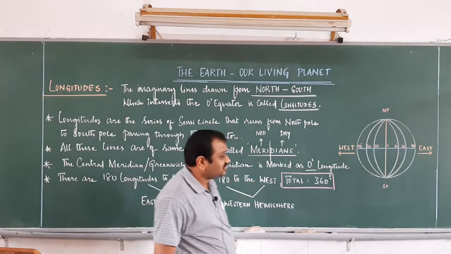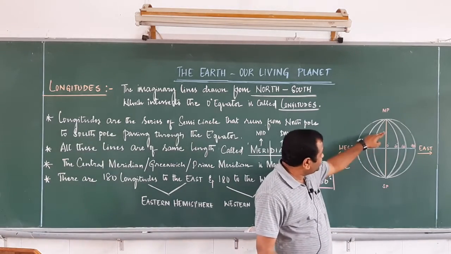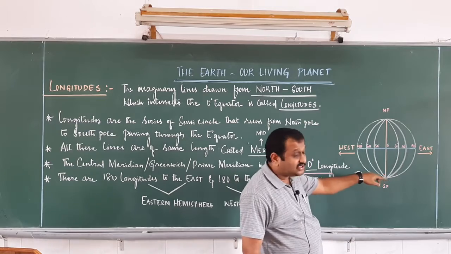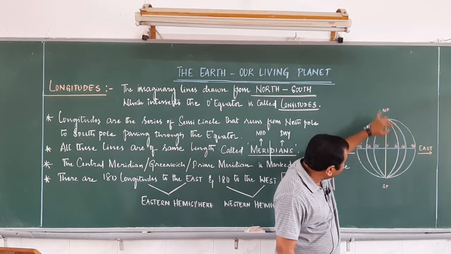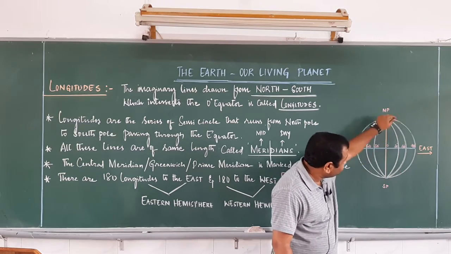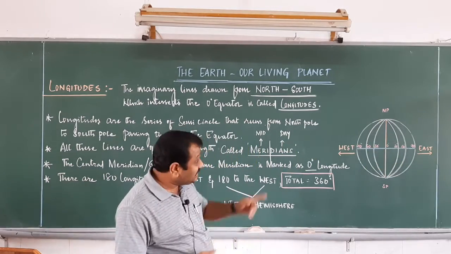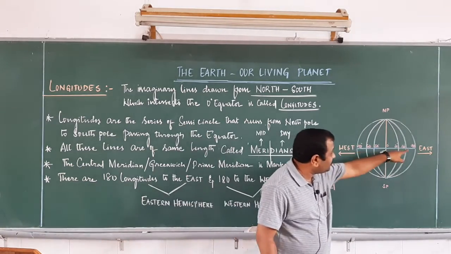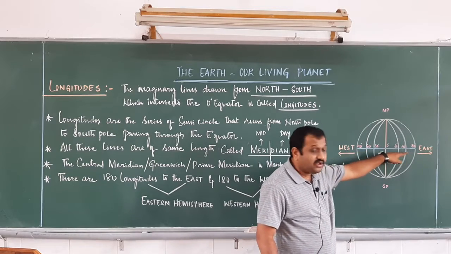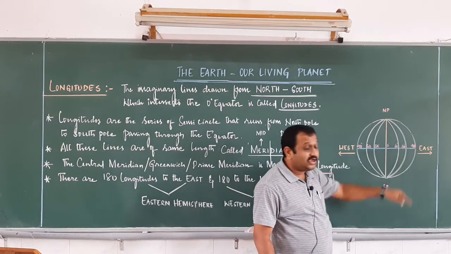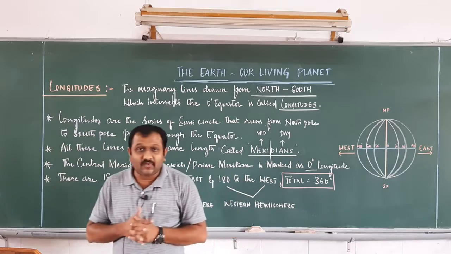Here is the diagram. Longitudes are imaginary lines drawn from north to south that intersect the 0-degree equator. The blue line which I have written here is called the 0-degree equator.